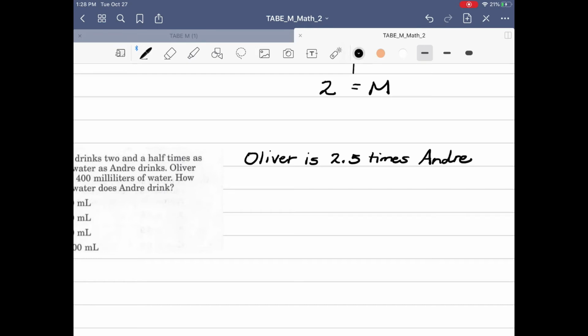Oliver is 400 milliliters, and that's 2.5 times A. We don't know Andre's amount, so we'll put A down there. So my equation is 400 equals 2.5 A, and that is solvable.